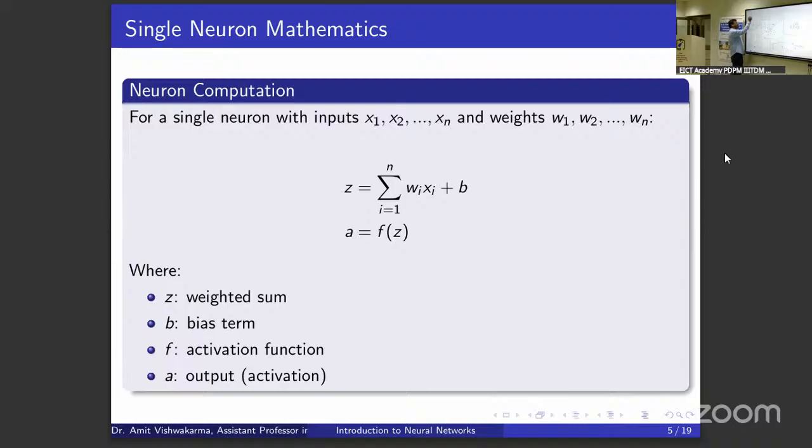But if my situation is something like this, where samples are located like this, is it possible to make a decision boundary with a straight line? No. In this case, we have to design a non-linear curve.